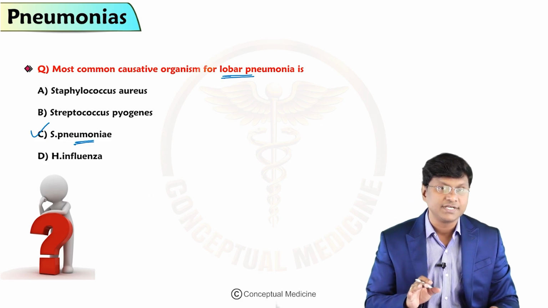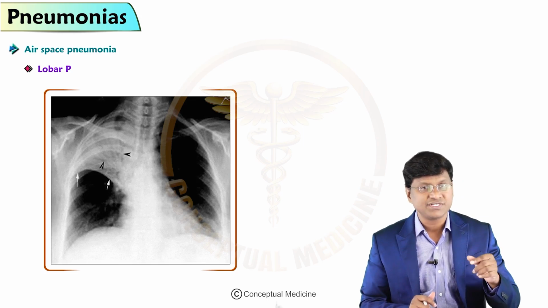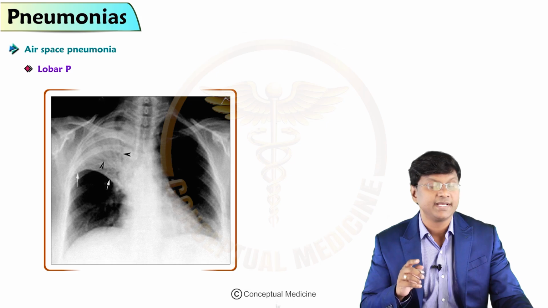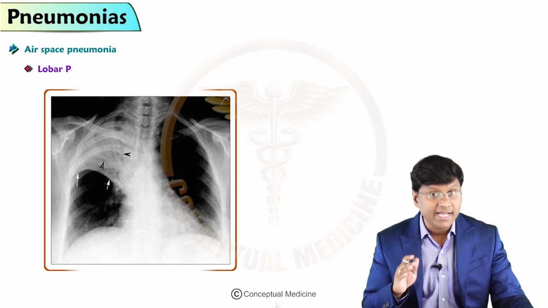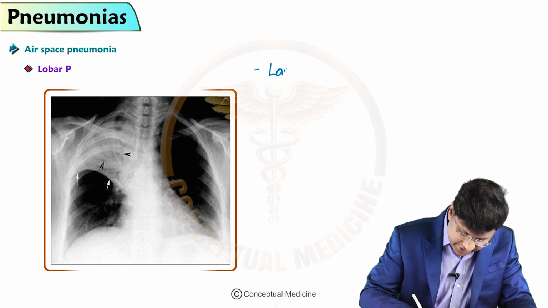And how will be the presentation of lobar pneumonia? Let me show you. If you see the features of lobar pneumonia, please remember that large areas of the lung or entire lobes are consolidated.